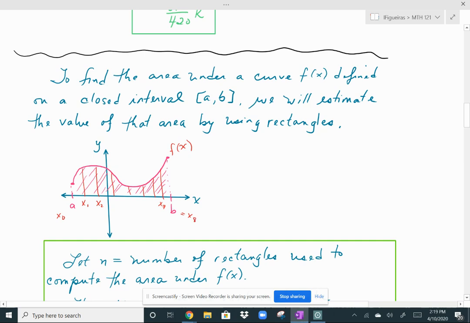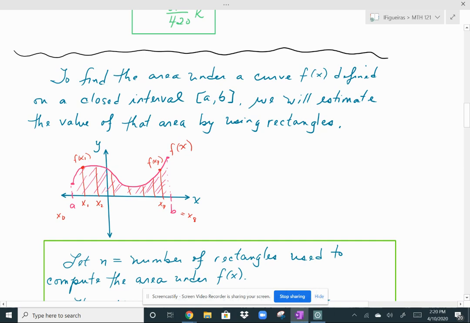So each of those subintervals have a corresponding function value. So this one here would be f of x sub 1. And for example, this one here would be f of x sub 7, and you get the idea in between.